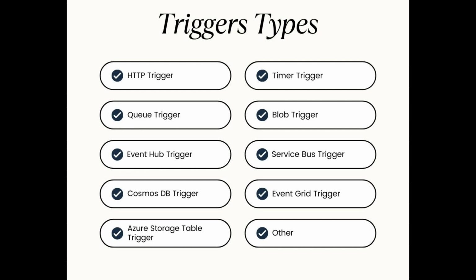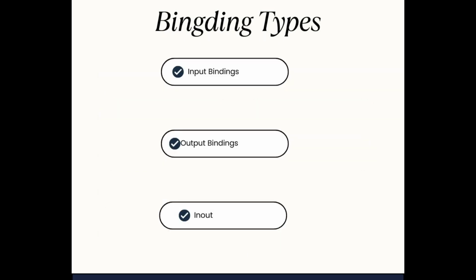Similarly, we have event hub trigger, service bus trigger, Cosmos DB trigger, event grid trigger, and Azure storage trigger as well. We will discuss each kind of trigger in upcoming videos, and the different scenarios where we can use each type of trigger in more detail.